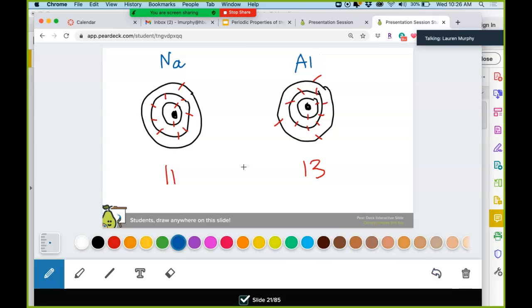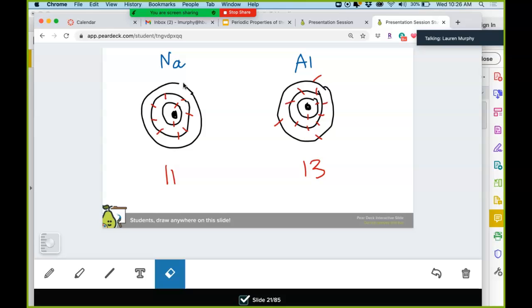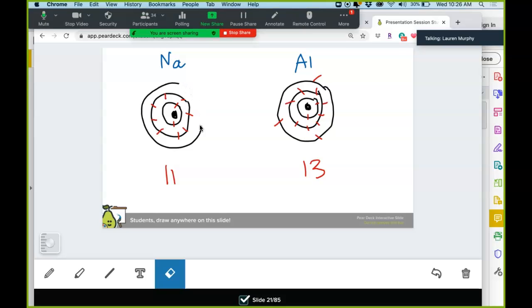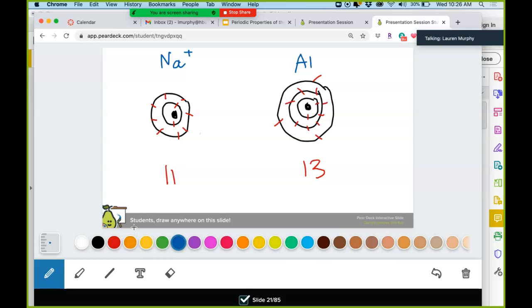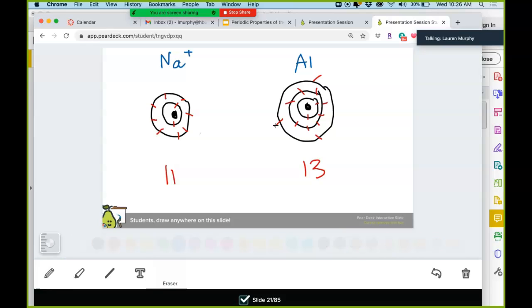Okay, now on our notes, this is supposed to be sodium +1. Well, what does +1 mean? +1 means I'm going to remove 1 electron, right? So I get rid of my valence electron, and now I no longer have electrons in this outermost shell. So this is sodium +1. Aluminum +3 means I'm going to get rid of 1, 2, 3 valence electrons, and now I also no longer have electrons out here anymore.